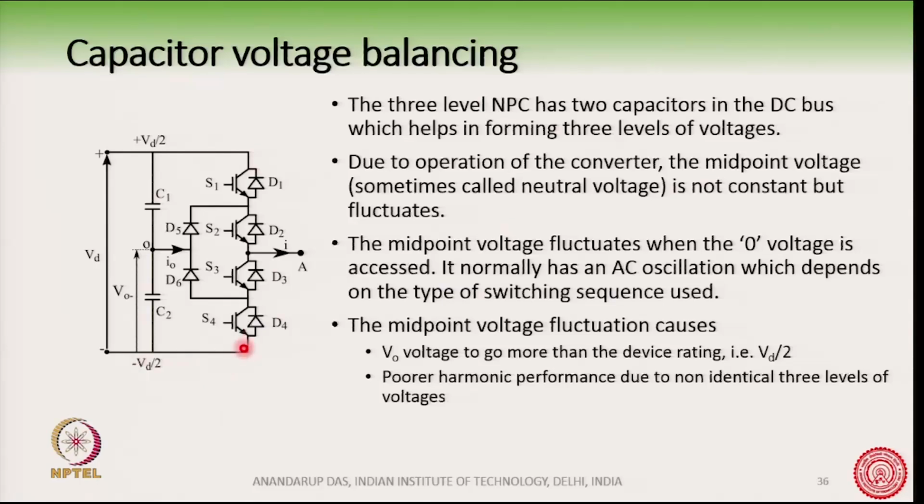When VAO is negative, we are accessing the negative of the DC bus. Whereas, when we are putting a level of 0, then we are accessing the midpoint. During this condition, the current is drawn or injected into this midpoint, and that is why there will be a net charge flowing out or in to this midpoint, which is the reason why the midpoint voltage will fluctuate.